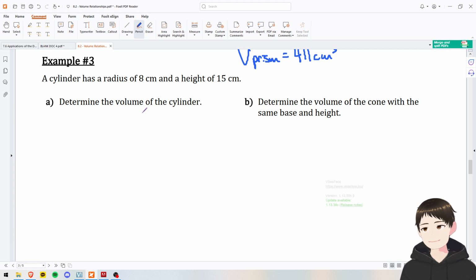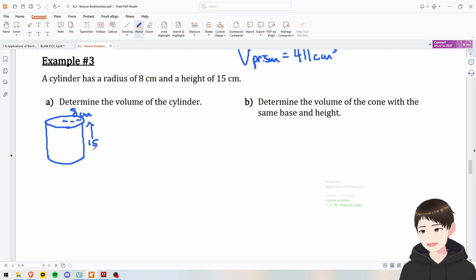A cylinder has a radius of 8 centimeters and a height of 15. Determine the volume of a cylinder. You may have noticed every question I have, I tend to do a visual because I really like having something to look at. You might as well, so by all means adopt that habit. What is the volume?